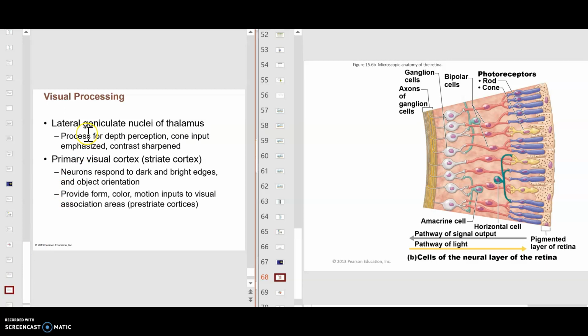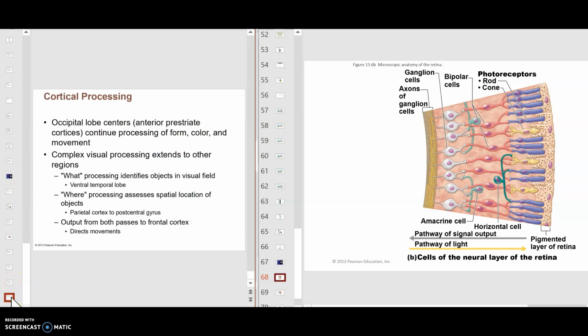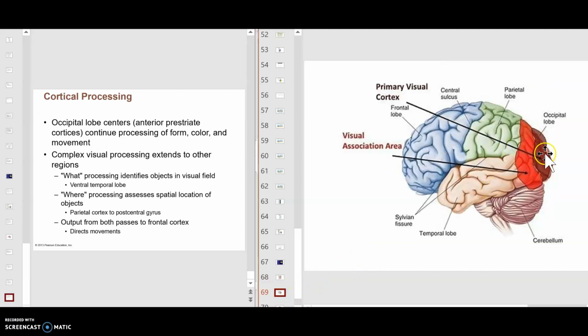All right. We go a little further here. So the lateral geniculate thalamus processes depth perception, cone input, primary visual cortex we talked about, cortical processing. Now, the processing involves several things. Back here is the eye area, and this is the visual association area, but you still are going to send signals to the frontal lobe, and so forth.